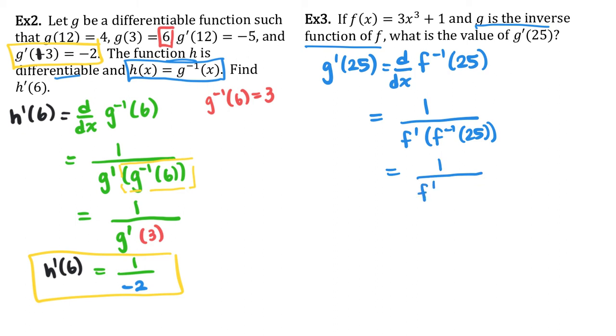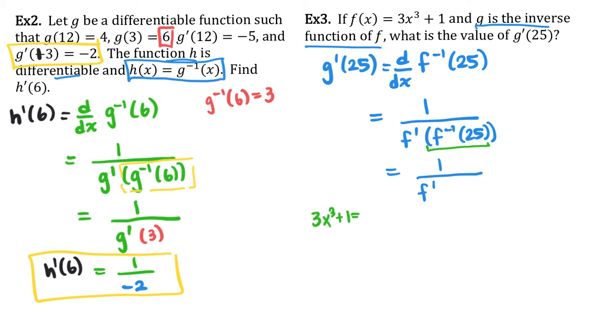Let me try to figure out what f inverse of 25 is. What did they give me? They gave me the equation as f of x equals 3x to the third plus 1. They want me to figure out when f inverse is 25, which means they want me to figure out when the y value is 25. And I'm trying to get the x value as my output of the inverse function. So let me solve this off to the side real quick. 3x to the third plus 1.